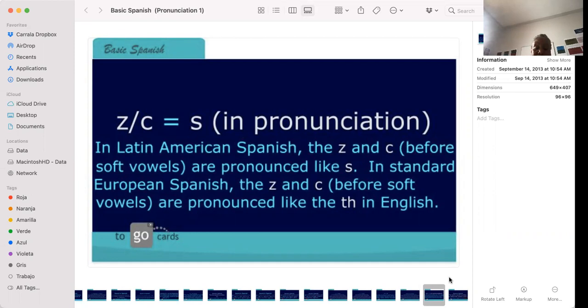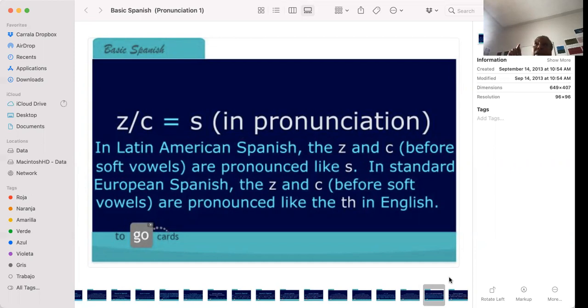So the Z is pronounced, and the soft C is pronounced in Latin America like the S. Conoces. Cielo. Right? My pronunciation might be off because since I know it's a Z, I still put a little bit of that Z in there. But in standard European Spanish, it's pronounced like the TH.